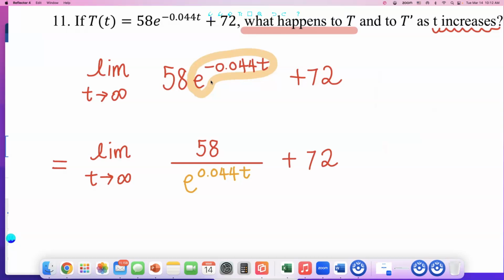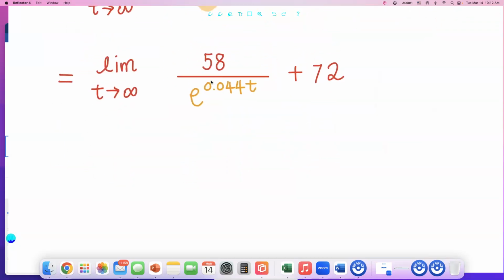All right, now let us think about this, okay? What will happen if you plug in infinity as the t value here? Imagine plugging in a number really, really big to this denominator. Something like this: 58 divided by a really big number, like, well, it's not that big, but I'll say a million, and infinity is even bigger than that.